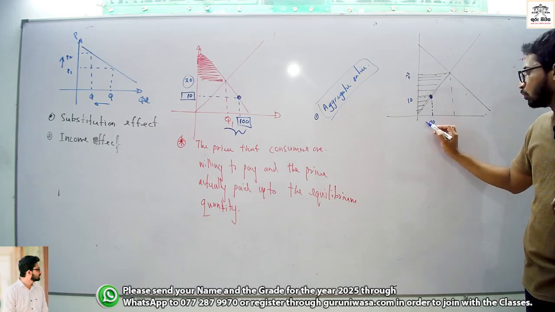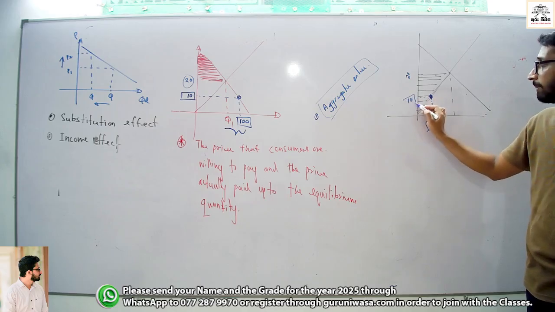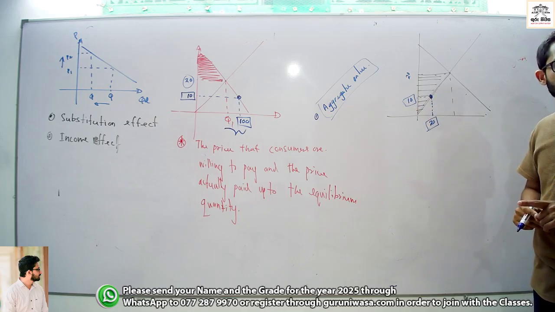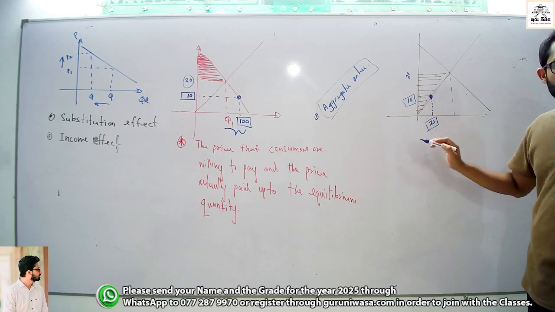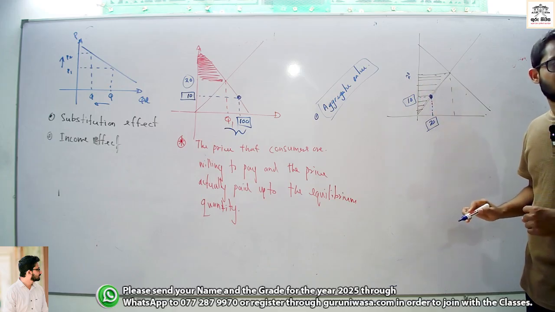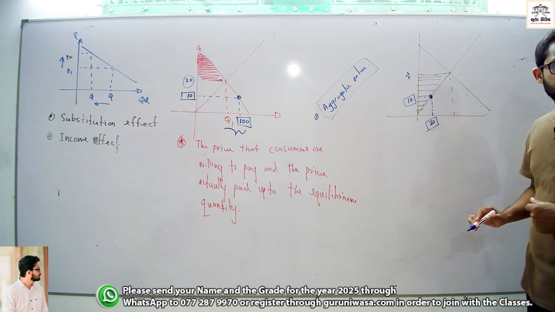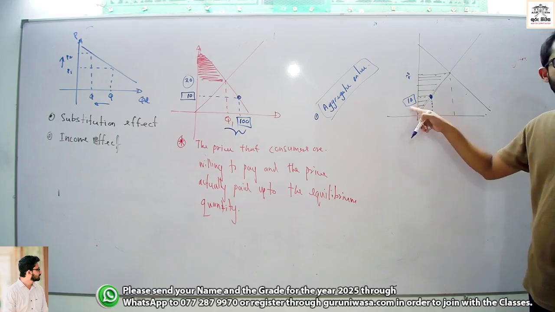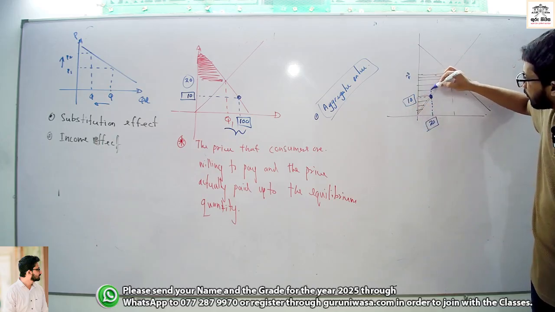Producers are willing to supply 20 units if they receive a minimum of at least 10 rupees. But when they go to the market, the actual price is 20 rupees, right? The 20 rupees goes to their pocket, exceeding their minimum expectation and also creating a benefit. So this distance shows the benefit.